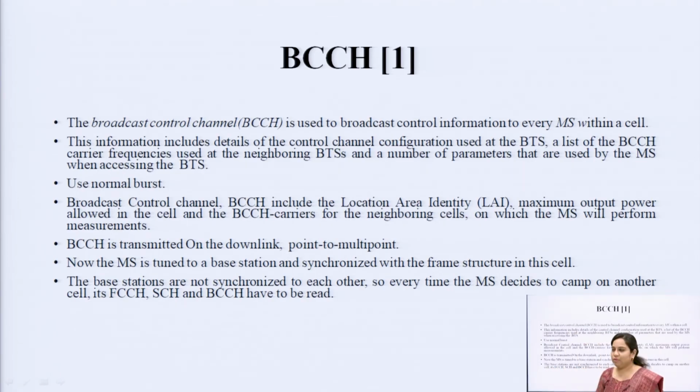Now, next one is BCCH. The broadcast control channel is used to broadcast control information to every mobile phone within a particular cell. This information includes details of the control channel configuration used at the BTS, a list of the BCCH carrier frequencies used at the neighboring BTS, and a number of parameters that are used by the MS when it is accessing the BTS.